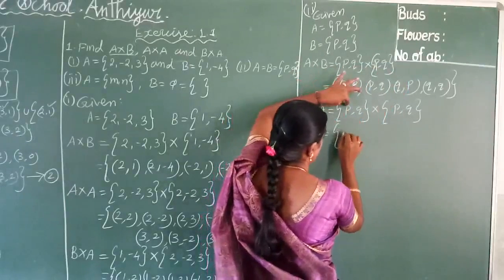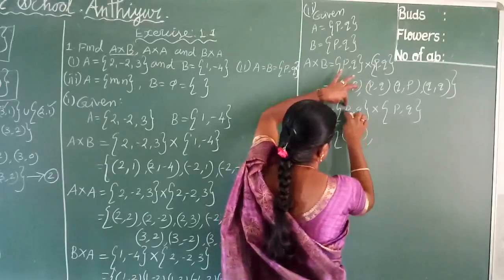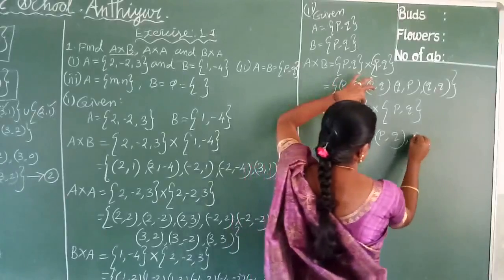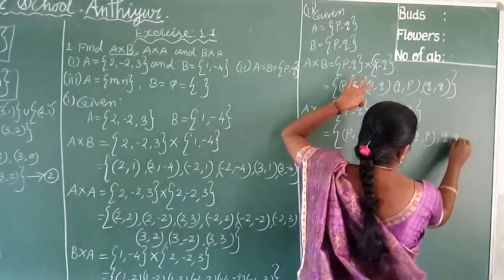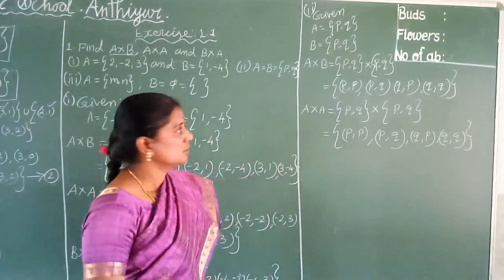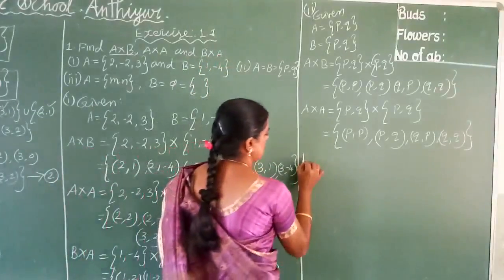So the answer is the same: (P,P), (P,Q), next (Q,P), (Q,Q). Is it clear? Third one, B cross A.